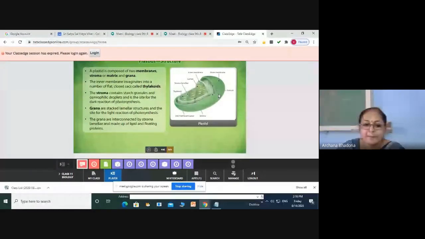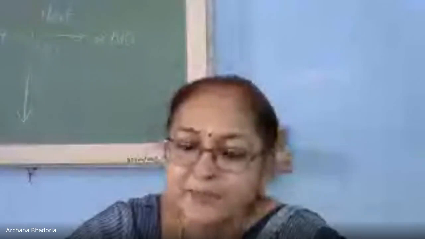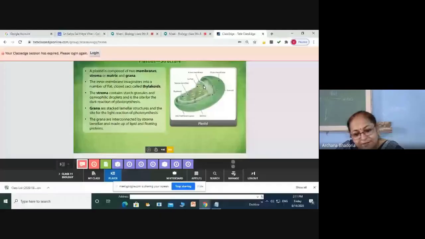So first structural component, number one, you write down membrane or the covering, membranous covering. It consists of two unit membranes, the outer membrane and inner membrane. Can you see the figure, children?